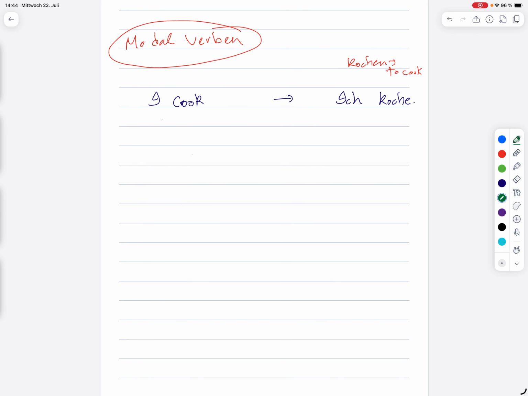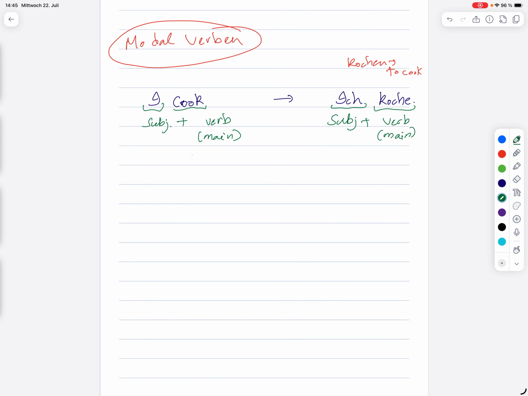In the structure of the sentence, for both English and German, we have a subject plus a verb, and this verb is the main verb. Here the main verb defines the main activity, what is going on. So ich koche, I cook.